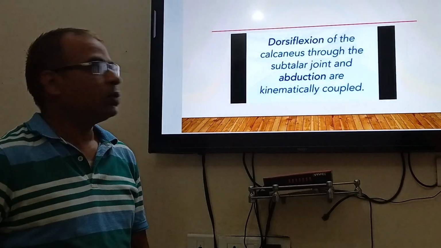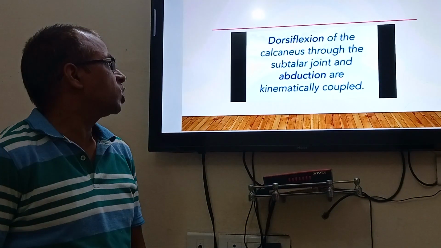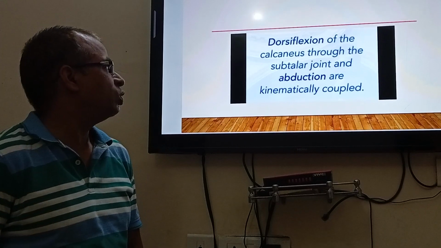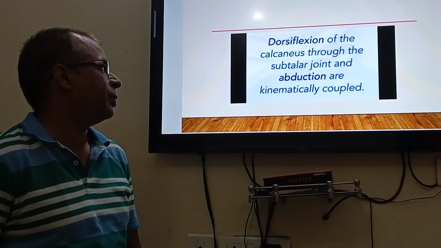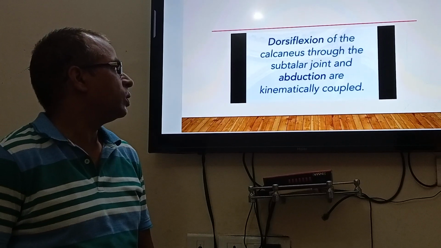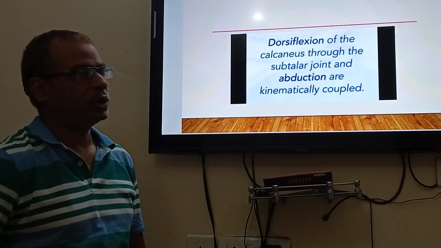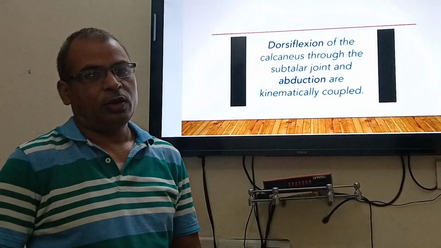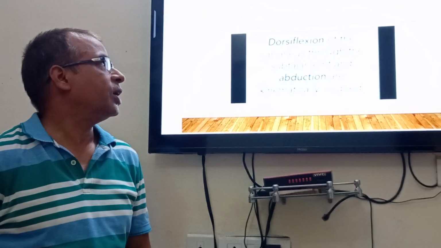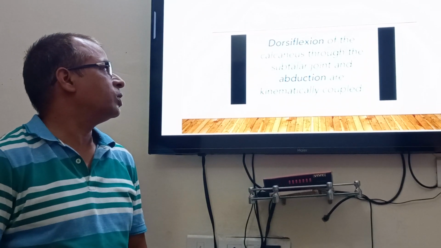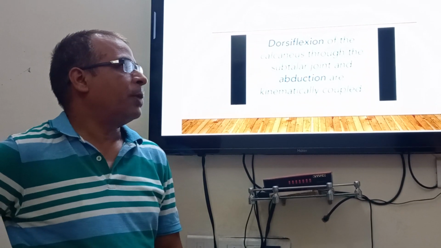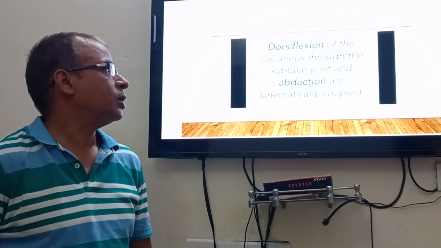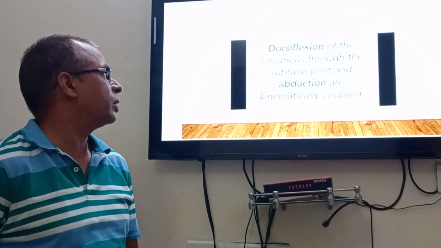So next, dorsiflexion of the calcaneus through the subtalar joints and abduction are kinematically coupled. So again, if you are making the foot in full abduction, then the equinus deformity may be reduced somewhat.